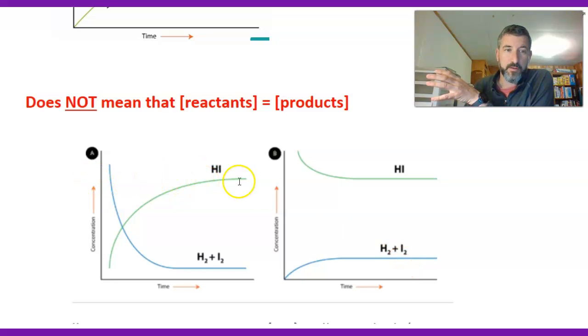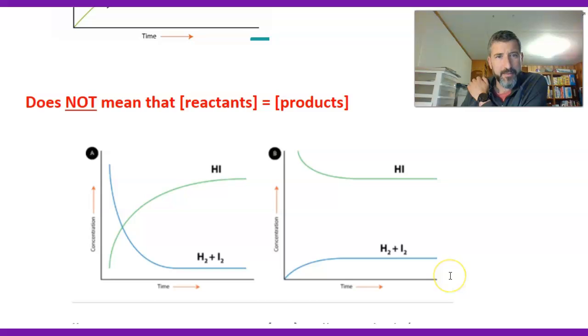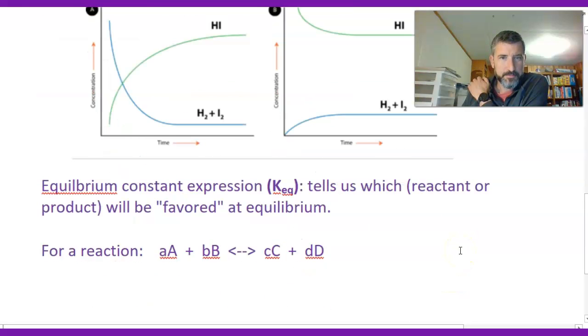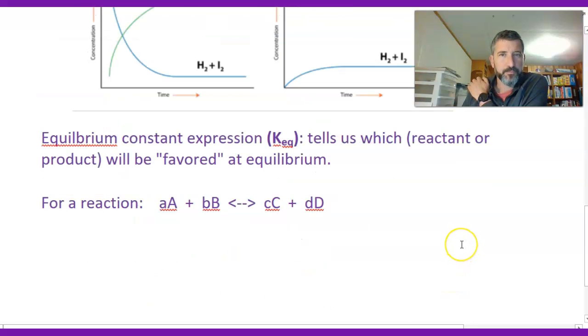We top off HI very high in terms of concentration, H2 and I2 very low in both cases, no matter how we started. And the reason for that is because for each reaction, we have something called an equilibrium constant expression, or KEQ, which tells us at equilibrium which side of the reaction, reactants or products, will be favored.